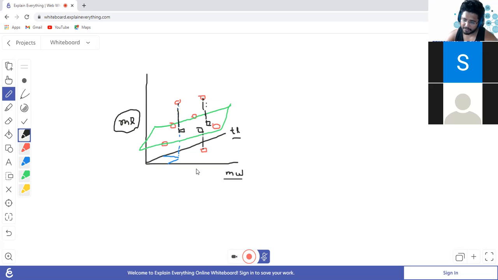And to fit that model, in the first case one straight line was enough. Second case, one plane was enough. Third case, it will be a cube. Fourth case, whatever it will be in 4 dimensions, that will be the structure.